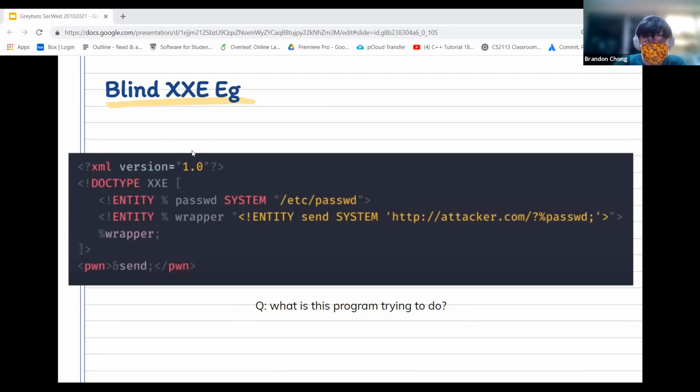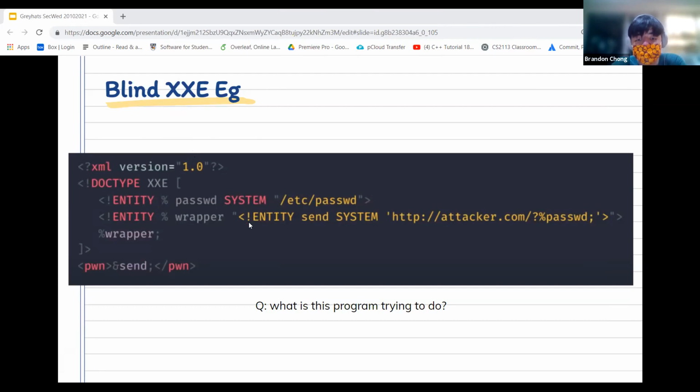Okay, first, just a small question on blind XXE attacks. What exactly is this program trying to do? Firstly, this parser will read and store the contents of /etc/passwd in our passwd entity.